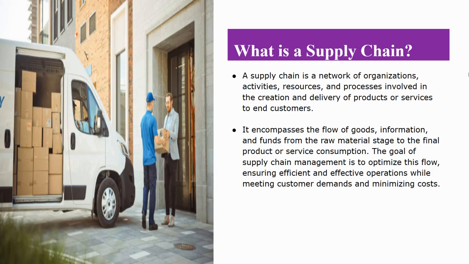Now, the goal of supply chain management is to optimize this flow, ensuring effective and efficient operations while meeting customer demands and minimizing cost. What is the goal of supply chain management? The goal of supply chain management is to ensure that we are able to produce and provide goods and services to consumers effectively and efficiently.